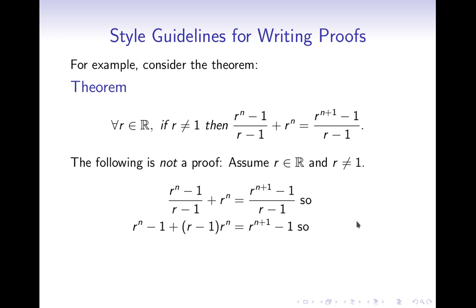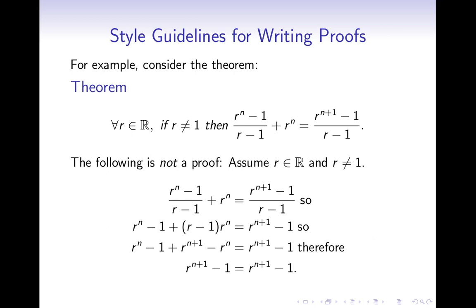And then multiplying through by r to the n on the left-hand side gives us this equation. And on the left-hand side, combining the plus r to the n and the minus r to the n gives me this equation.